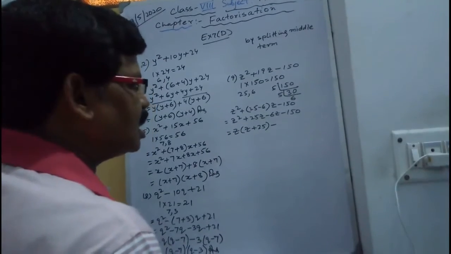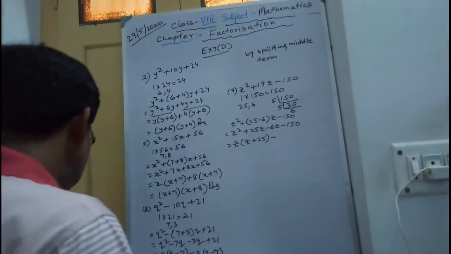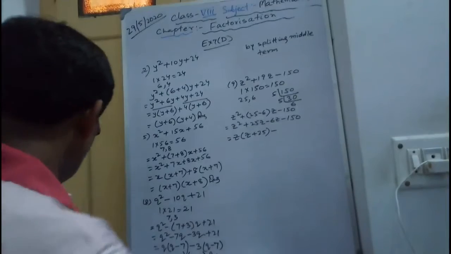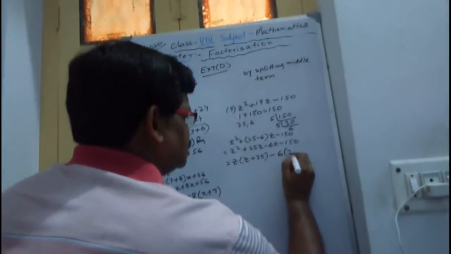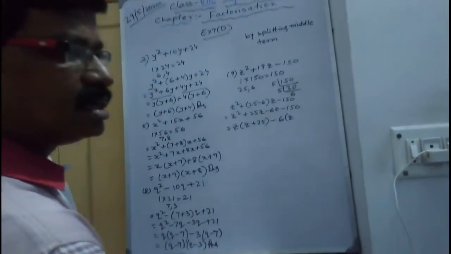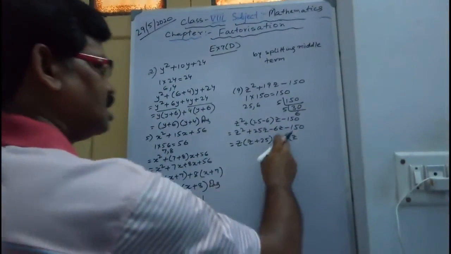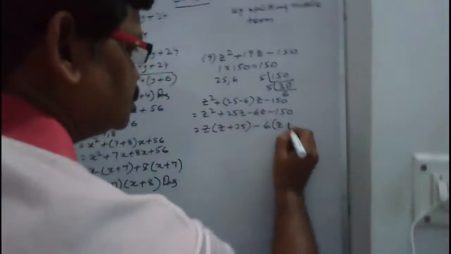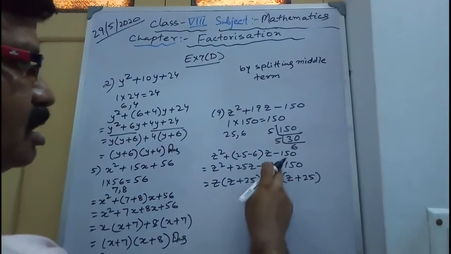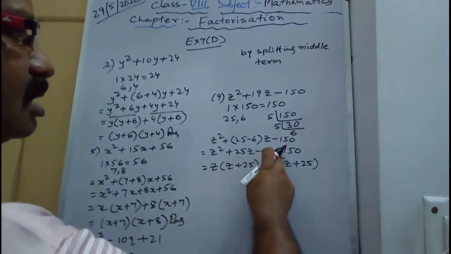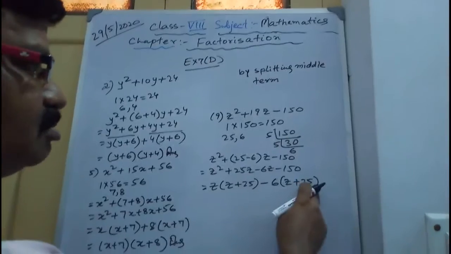The HCF of 6 and 150 is 6. So z, if you divide 150 by 6, then the quotient is 25. So plus 25. Plus into minus, minus. Here is minus. That's why when you write within the bracket, change that symbol.